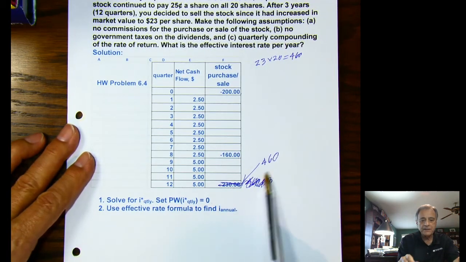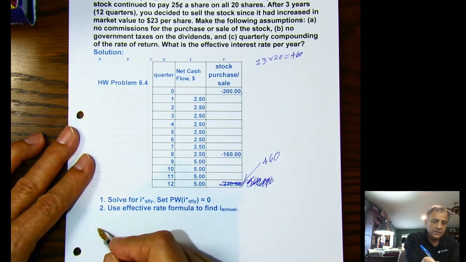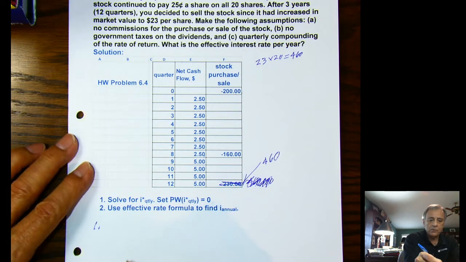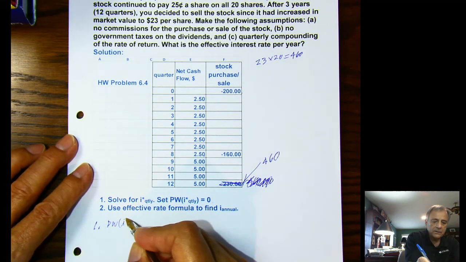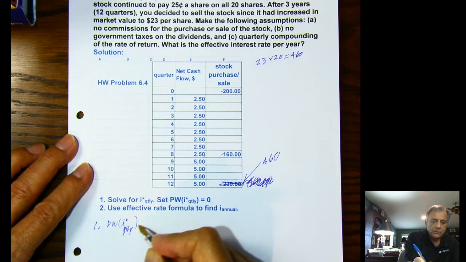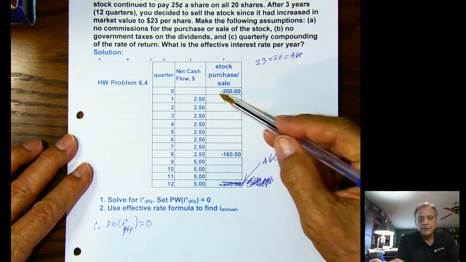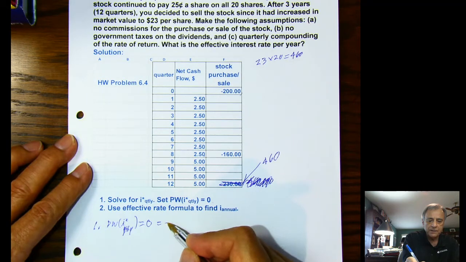Since I messed up there, I'll do that. The first step, solve for I quarterly. So we'll set the present worth at I star quarterly equal to 0. Well, what do we have here? We have minus $200. That's the present time.